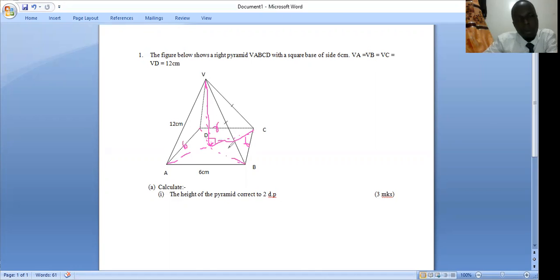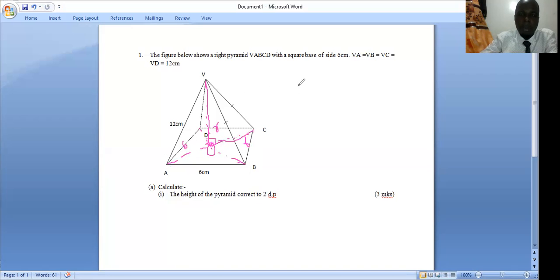Now, to continue, let me put the center there to be O. For that, I will have to look at the diagonal of this square using Pythagoras theorem, to get AC.